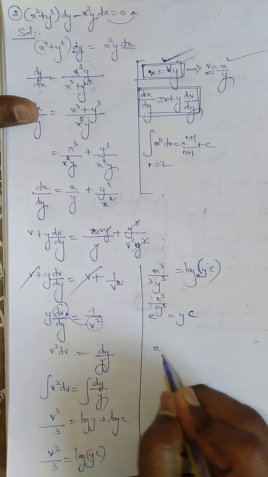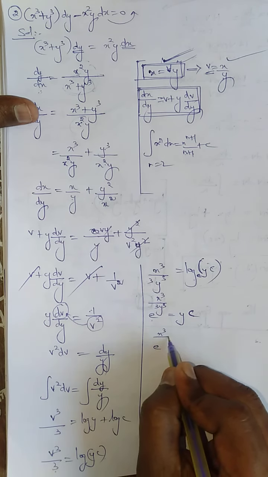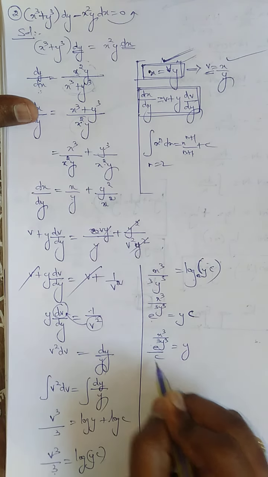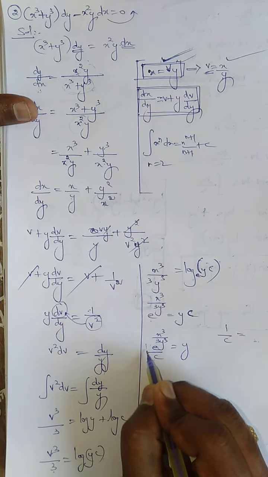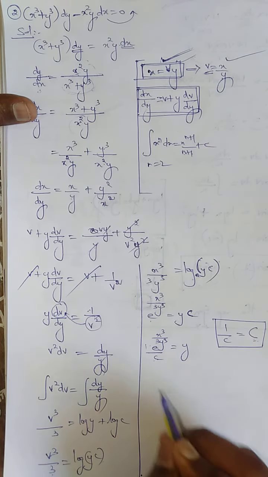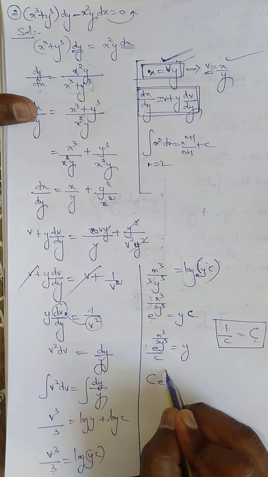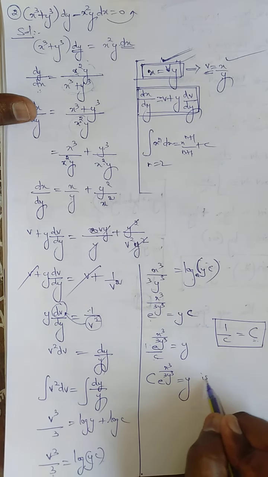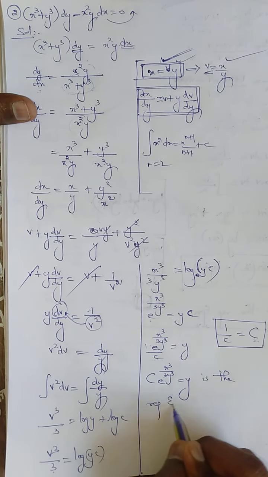Listen, e power x cube by 3y cube equals yc, c comes down. This 1 by c, I can write as capital C. So capital C e power x cube divided by 3y cube is equal to y, which is the required equation.